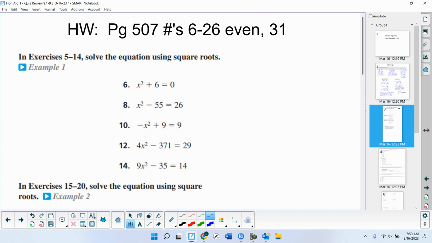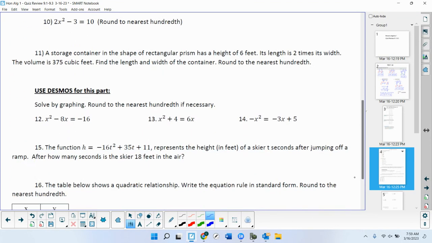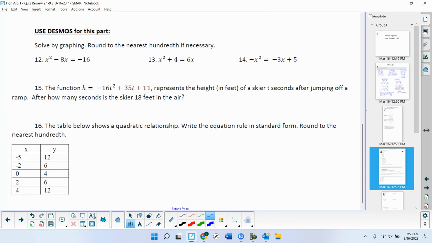All righty. We're kind of going to jump around on our practice test. I want to do the Desmos part first. So we're going to jump down here and do this first.